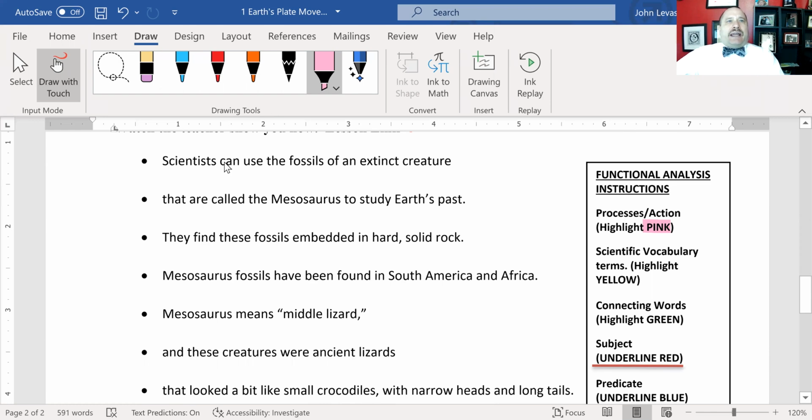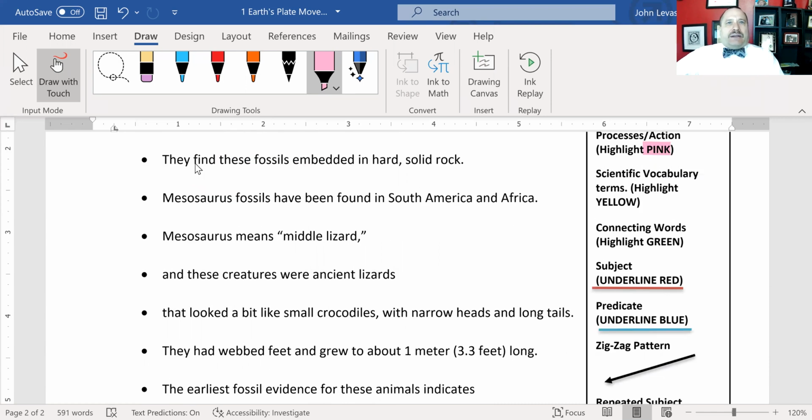Scientists can use the fossils of an extinct creature. Remember, each one of these lines is one idea or one clause, so there should only be one process, okay? Even though we have two words here, this is still one process. Are called, can use, each of those two words, but one action.